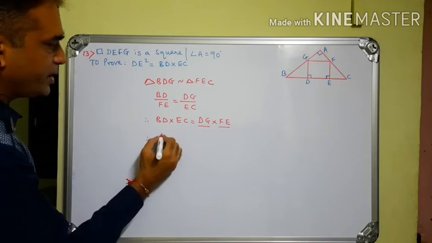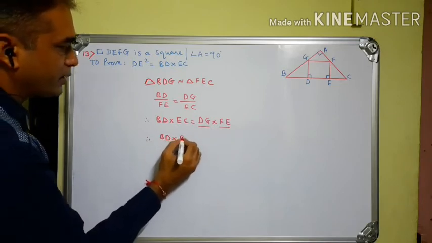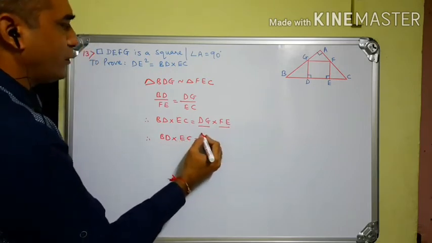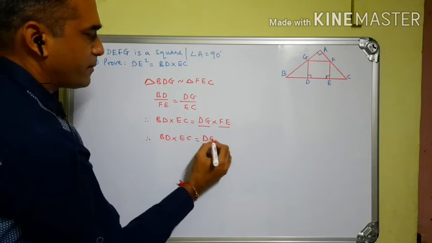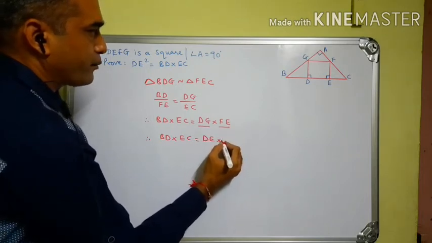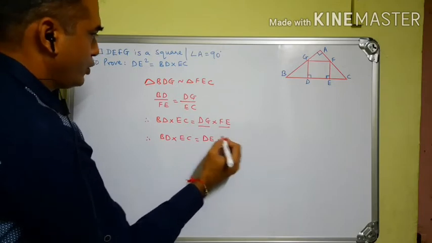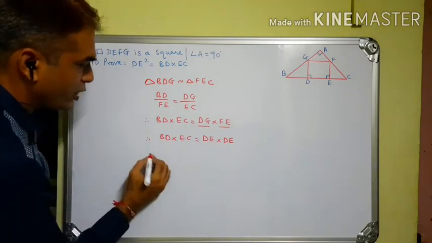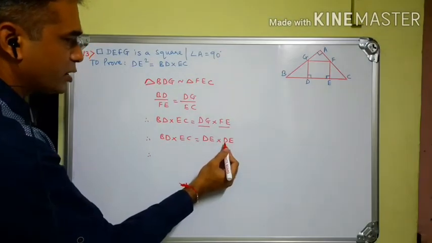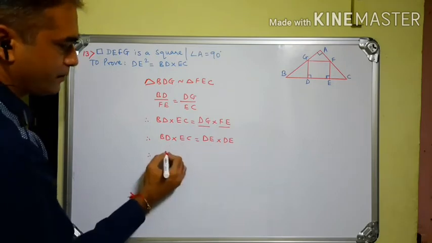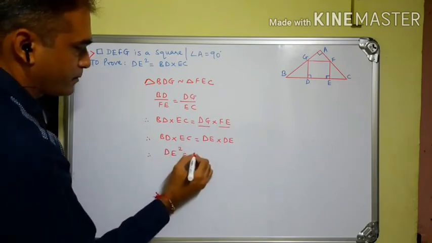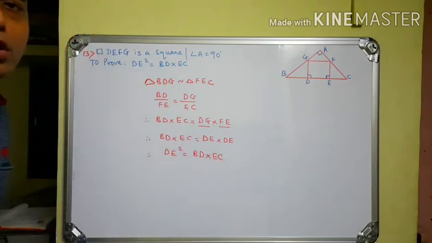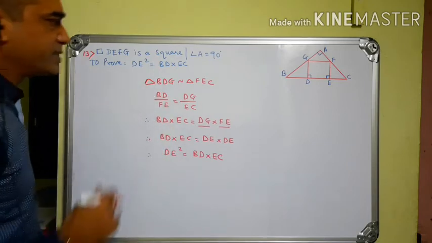Therefore BD into EC equals DE into DE, so we can write DE square equals to BD into EC. In this way we will prove this example.